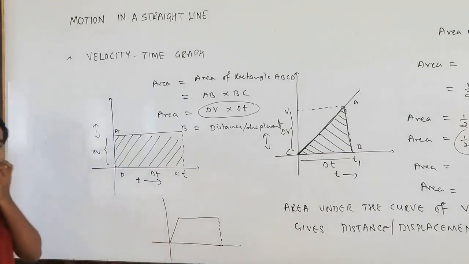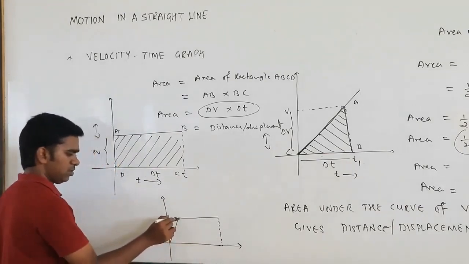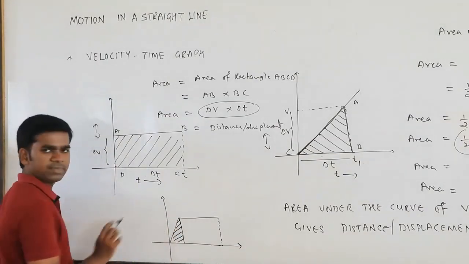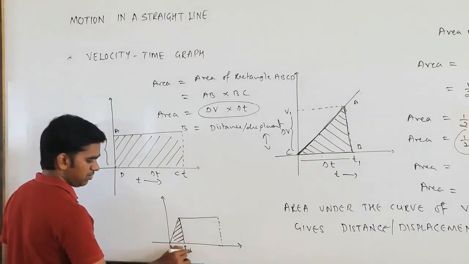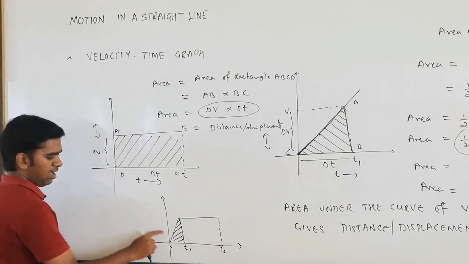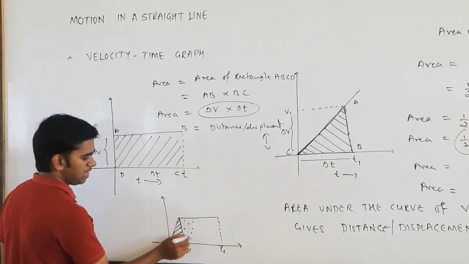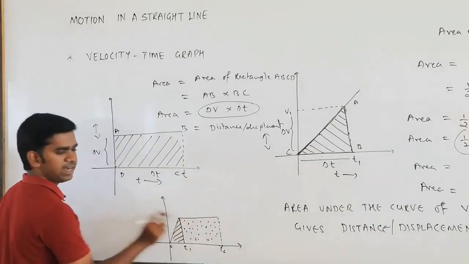If this is the case, what can we do here? We have to divide it. This is going to be one triangle, and again from here to here you have to divide, t equals 0, t1, t2. Here you will get half into this time, this displacement. After this, you will get one more area here. This is a rectangle.